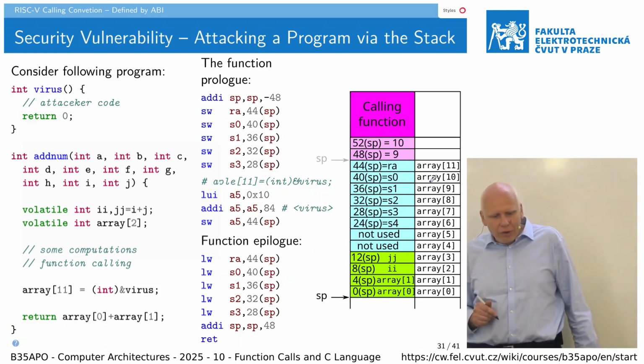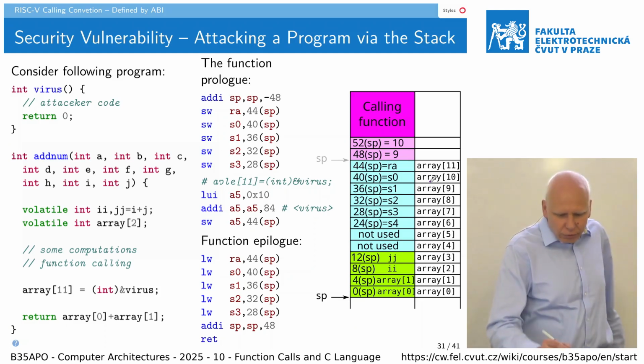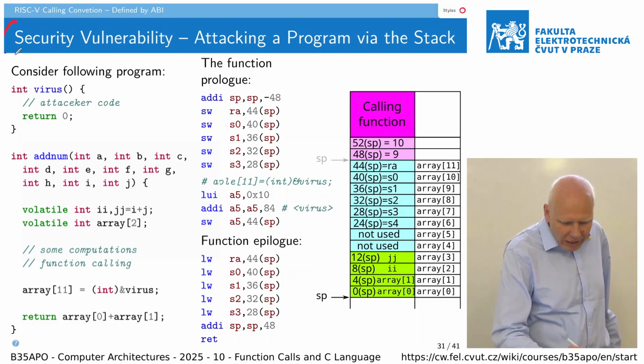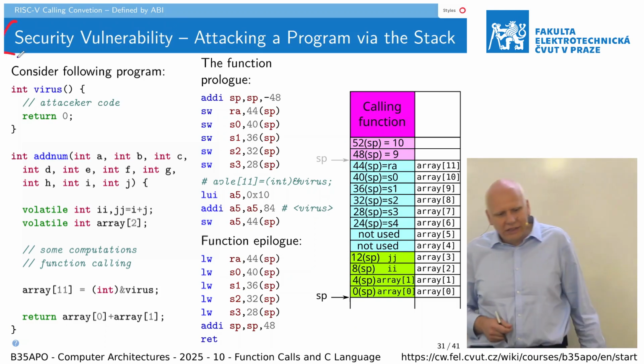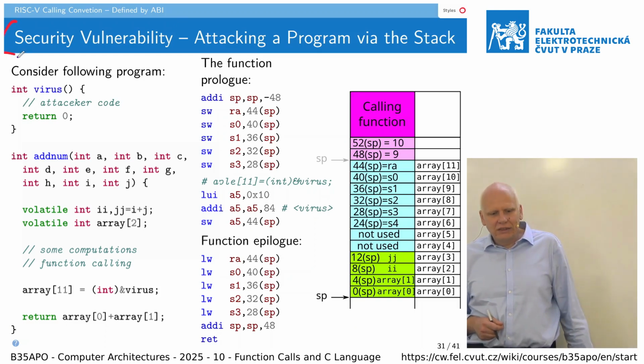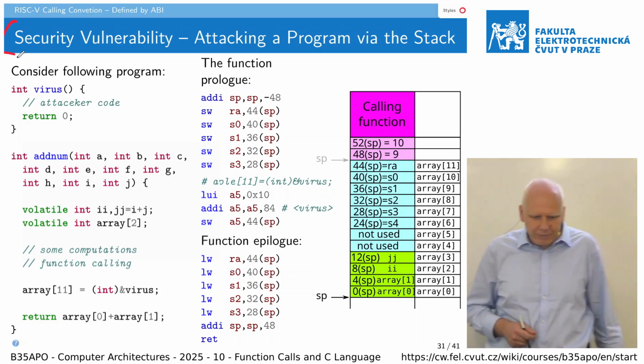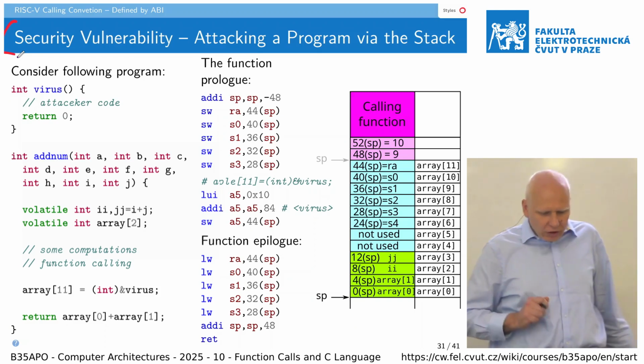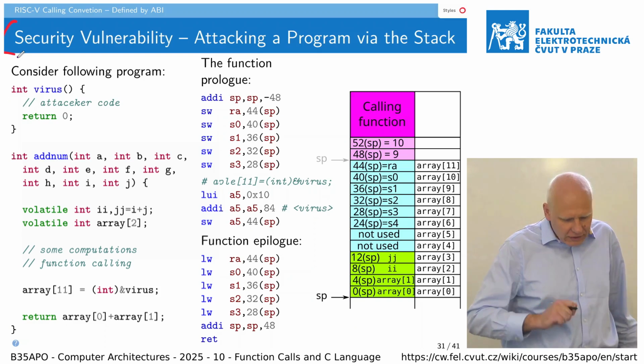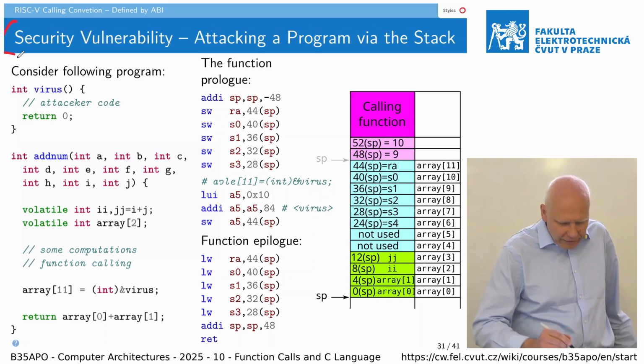Yes, and now we get to the very popular problems today with security, and it is the stack overflow problem in this case. This is an example which you can write yourself.